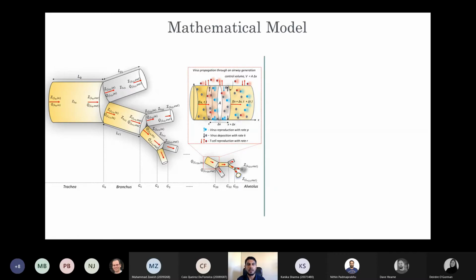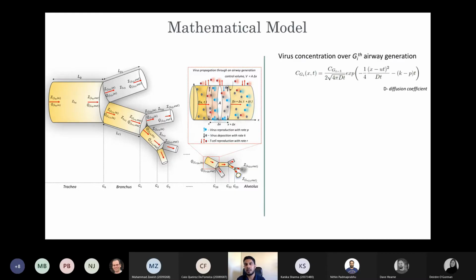As a result of that infection, more virus is produced, and then they travel up and down the airway system. Therefore, the distribution of virus particles along an airway can vary depending on a number of factors. So our main aim in the mathematical model development process was deriving an expression to represent the distribution of virus particles along an airway.